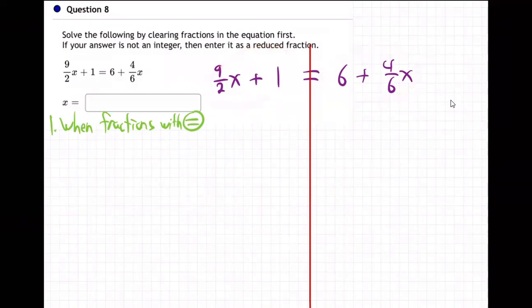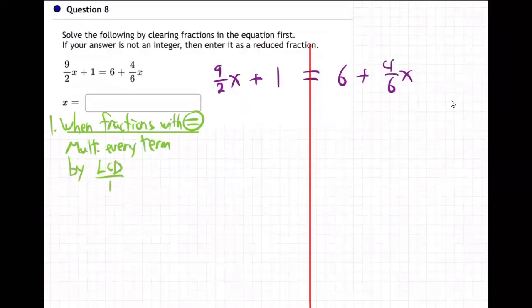What you do in this circumstance, when you have fractions with an equal sign, is you multiply every term by the LCD over 1.